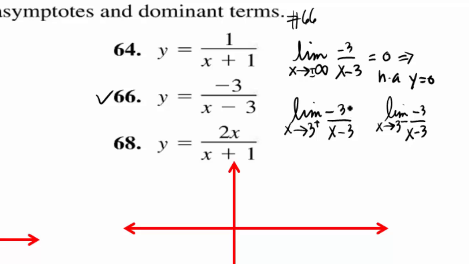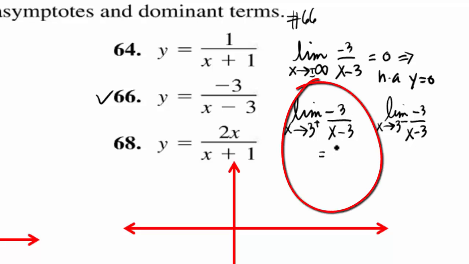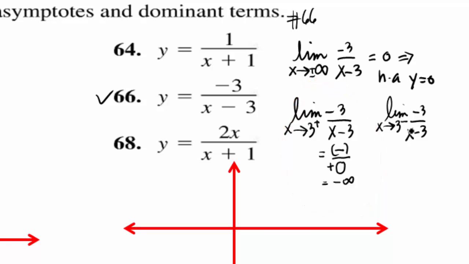So here you've got a negative numerator divided by something that's getting close to 0 positively, so the whole thing would be negative infinity.